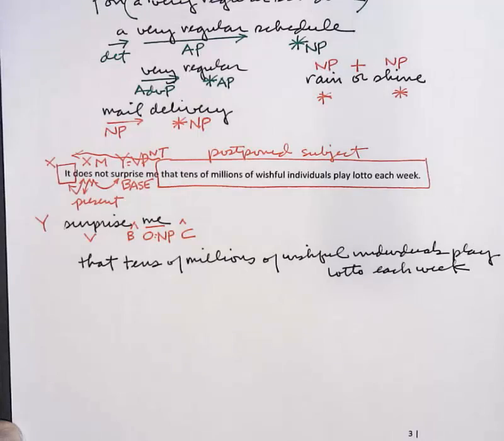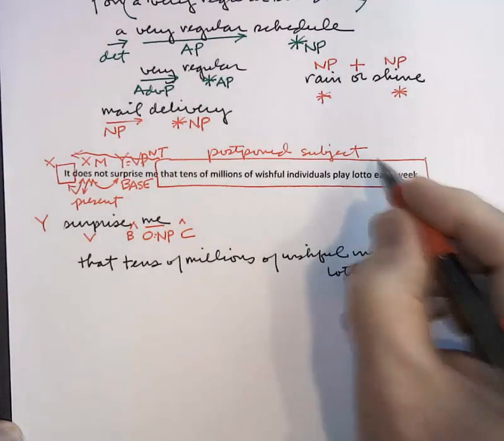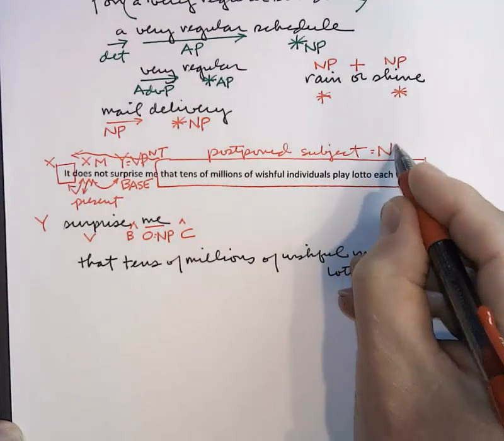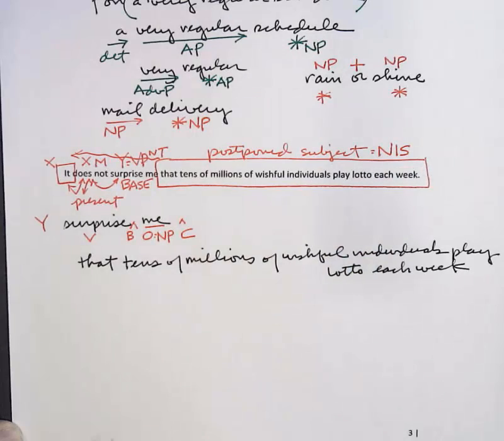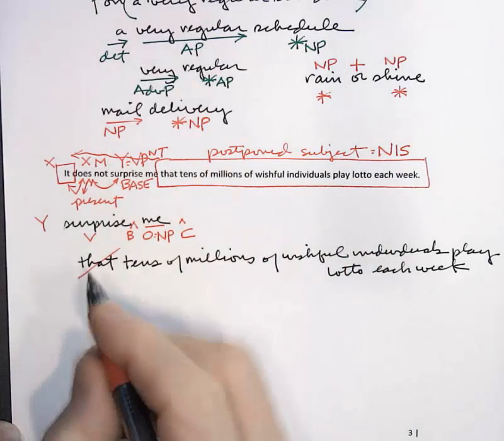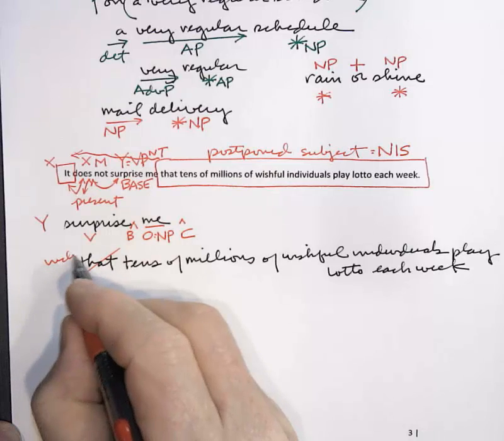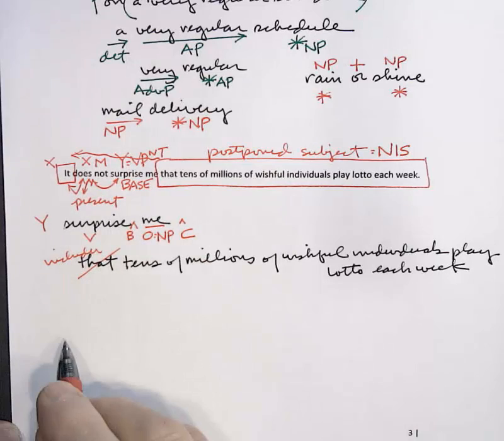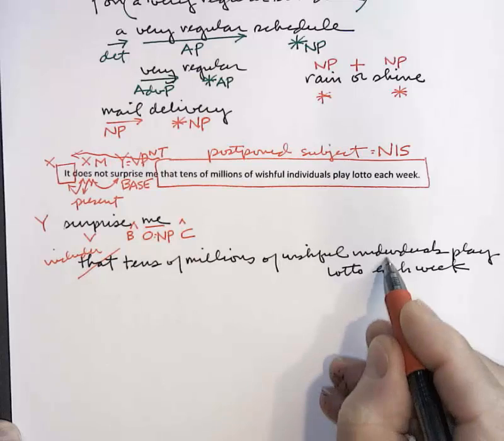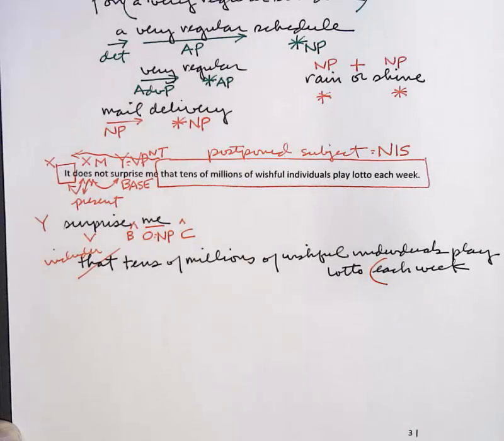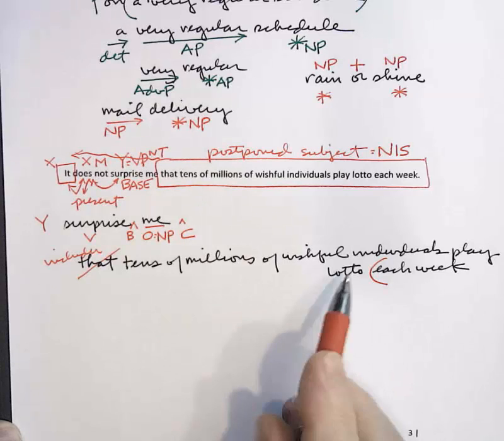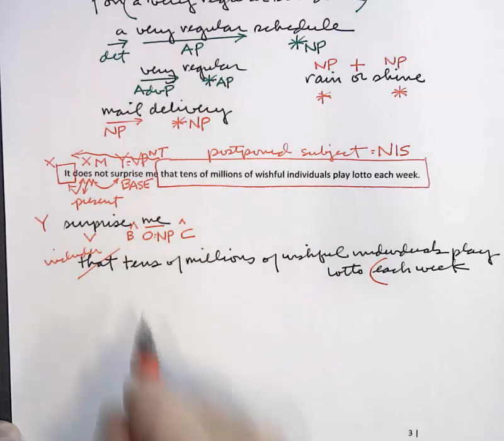So I've already said it. The postponed subject is a nominal included sentence. Let's cross off the includer and begin. Now here is where each week becomes a shifter. Each week, tens of millions of wishful individuals play lotto.